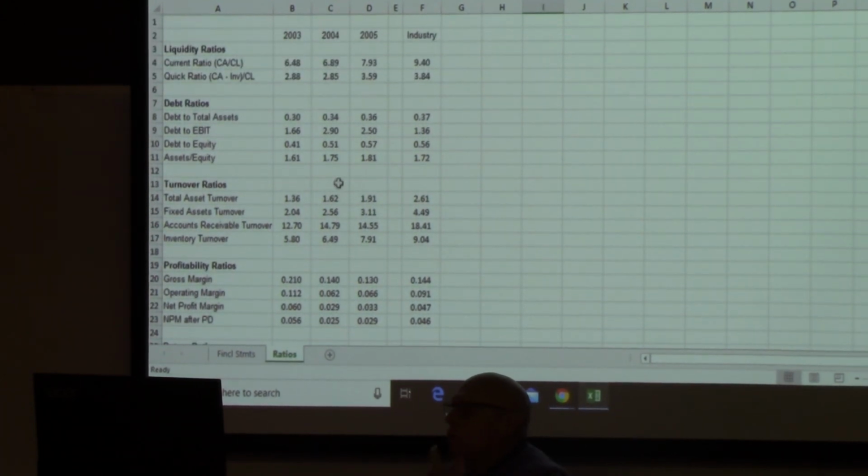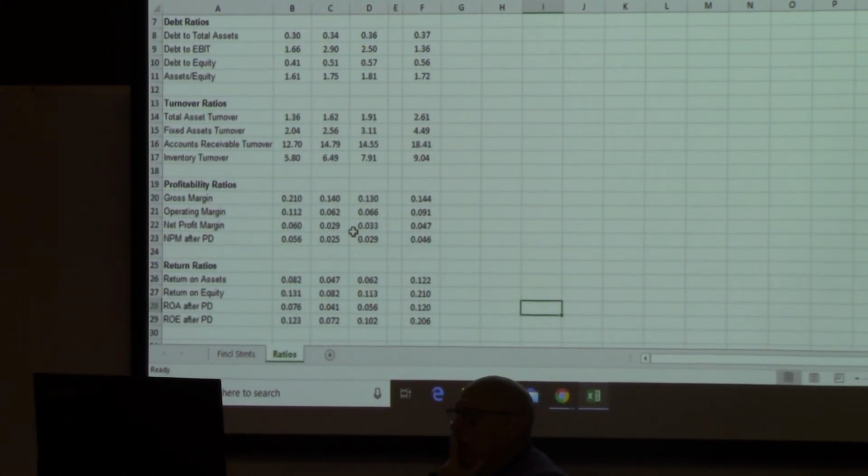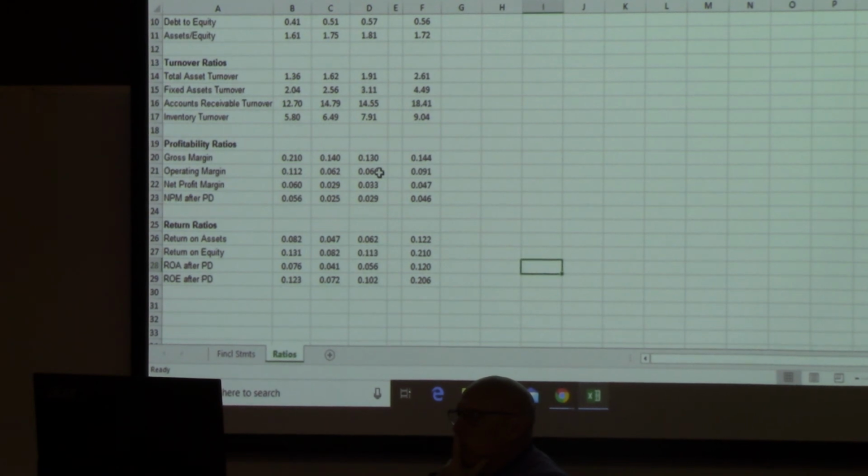And if we could point to one set of ratios that are really worrisome to me, it would be the margins, particularly the operating margin, which has depreciation stuck in there, and the net profit margin has taxes and interest in there.